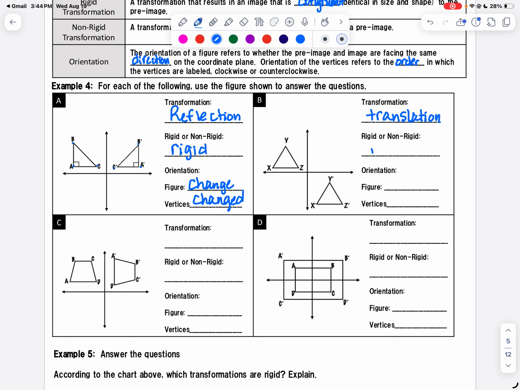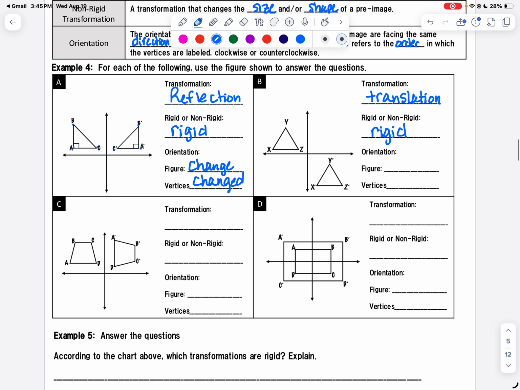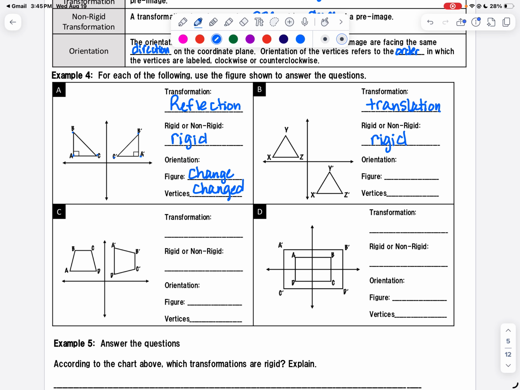The figure stayed the same size, so it was a rigid transformation. Now, for the orientation, it's still facing the same direction. So the orientation of the figure stayed the same. And if I go counterclockwise here, X, Y, Z, and in the new shape, it is also X, Y, Z. So the vertices also stayed in the same order.